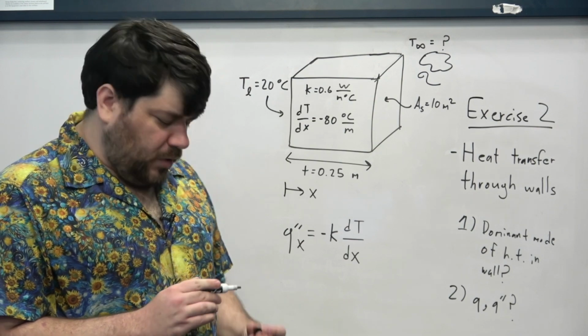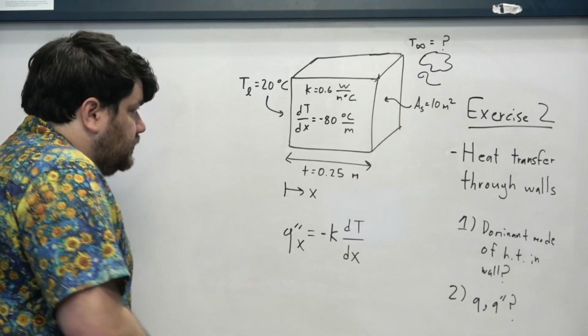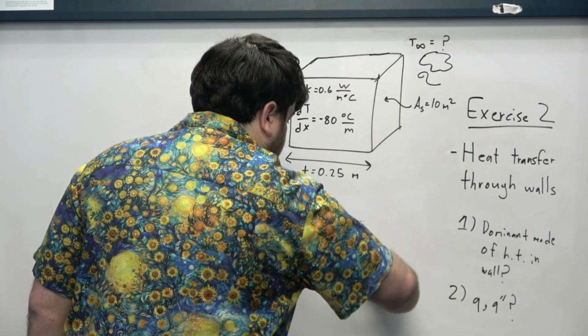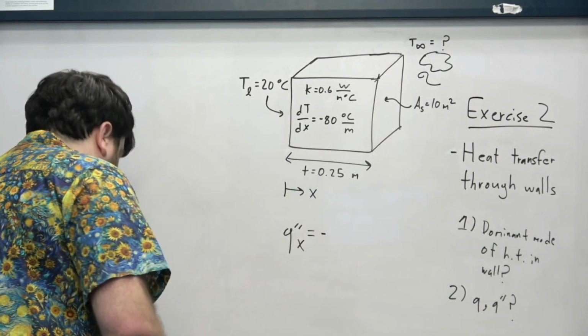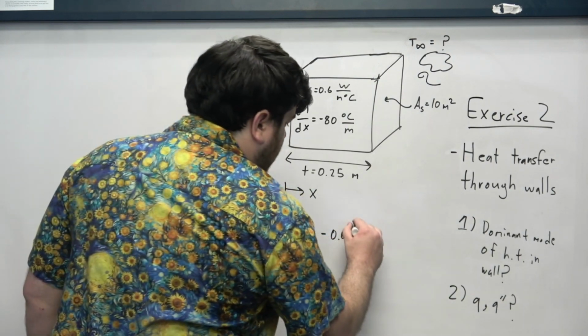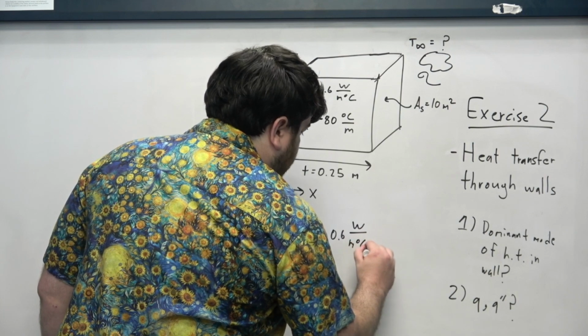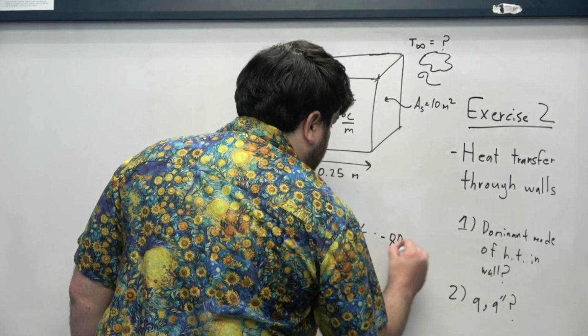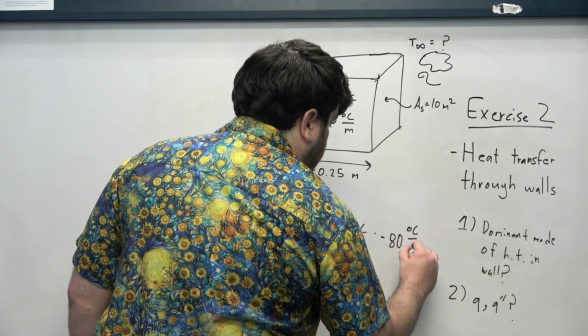And if we plug these quantities in, what we wind up obtaining is just negative 0.6 watts per meter degree Celsius times negative 80 degrees Celsius per meter.